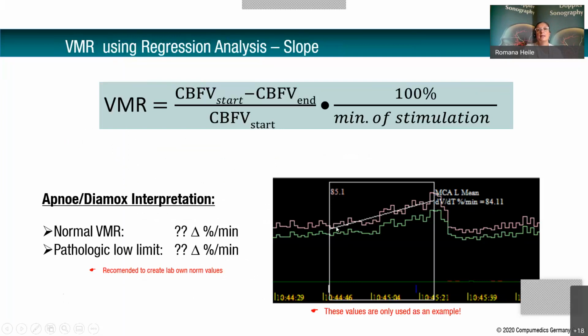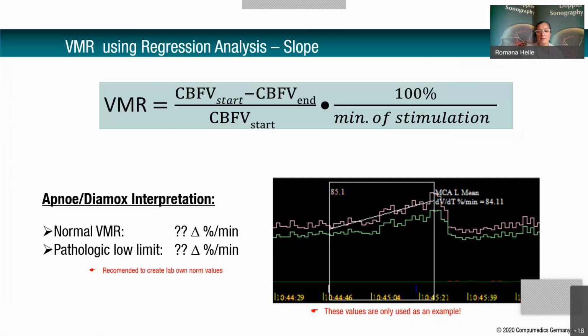That means you get a regression, and the regression will then be described as an increase in percent per minute. Also here, looking at the literature, I could not really find references. So if people like to use this, they should create their own lab normal values.